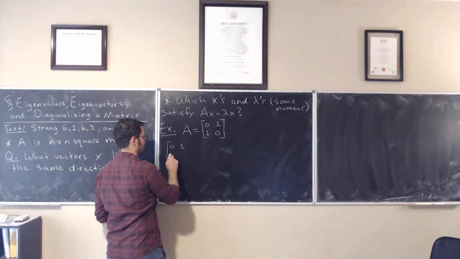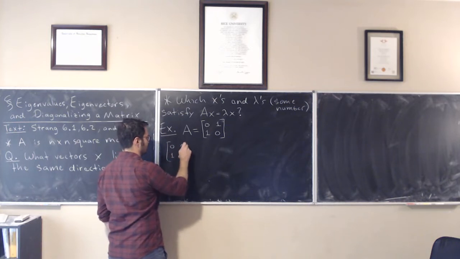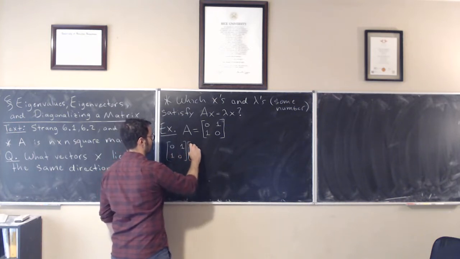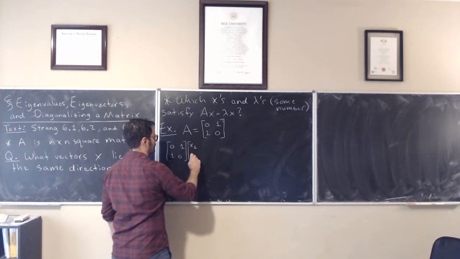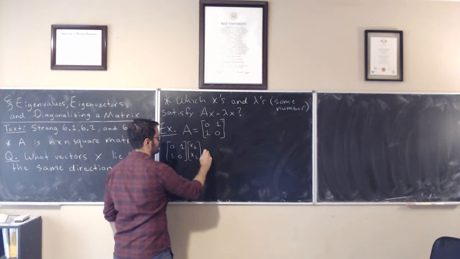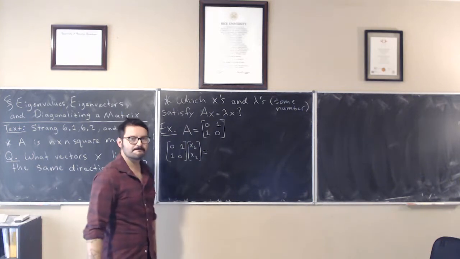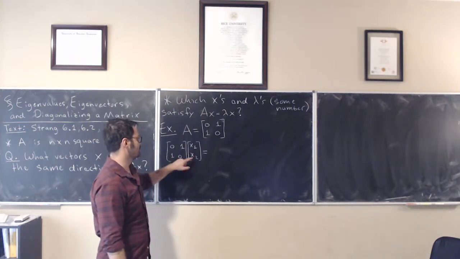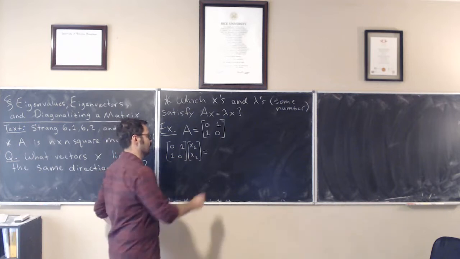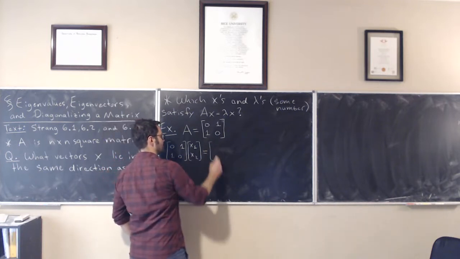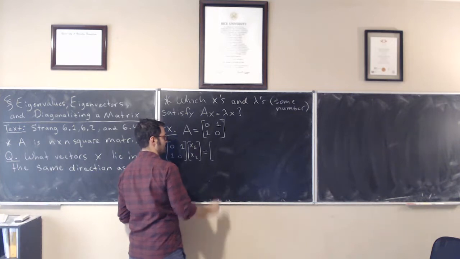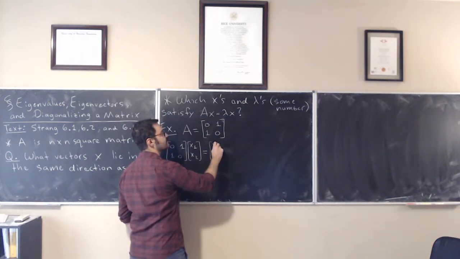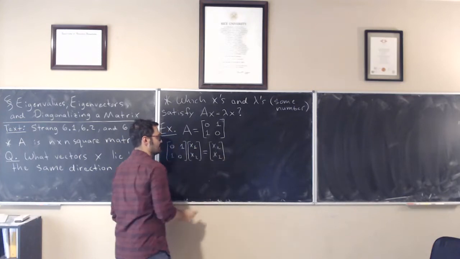So if this is our matrix 0, 1, 1, 0, and we multiply x1, x2, what's going to be the output? It's x1 times this column plus x2 times that column. So what's the output? x2, x1, right?